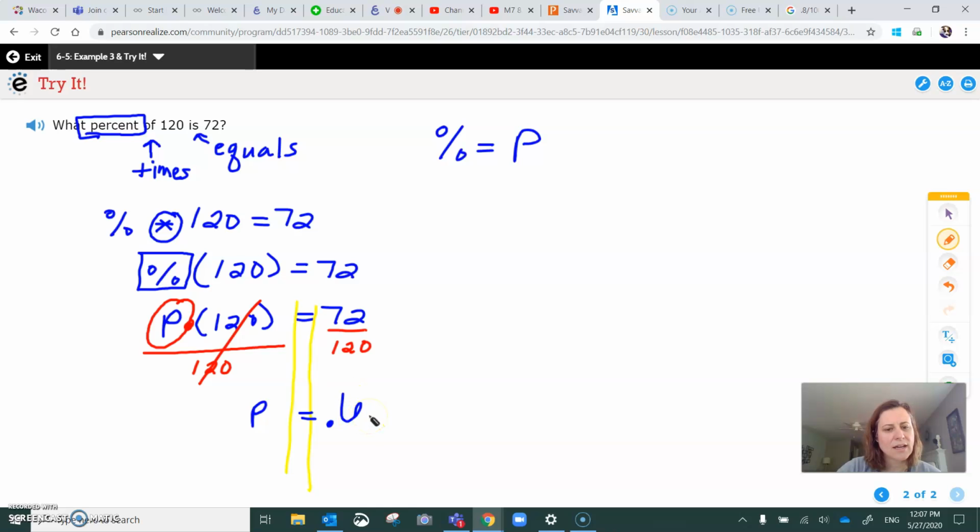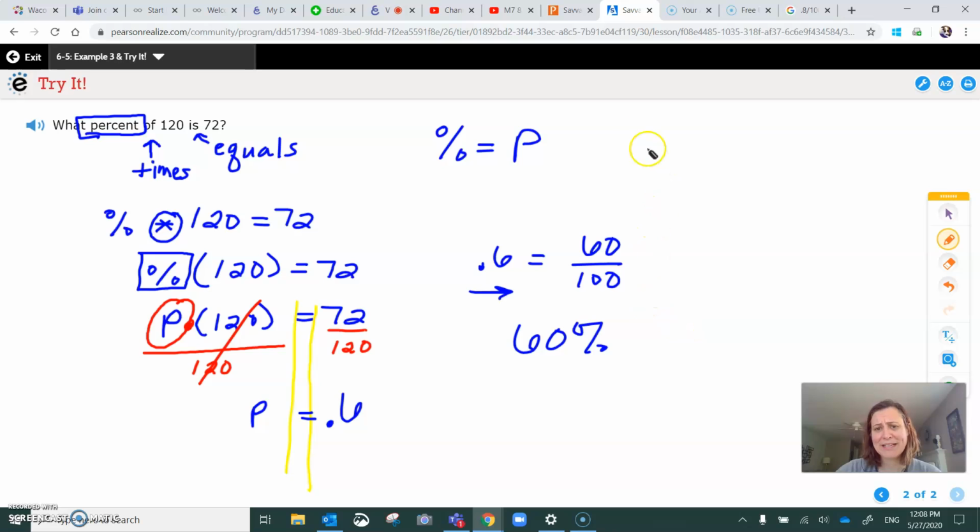That's as a decimal, so we're going to turn that now into an actual percentage. 0.6 is some percent over 100. You take the decimal, you move it 2 places to the right, so we would end up getting 60 out of 100. So 72 is 60% of 120.